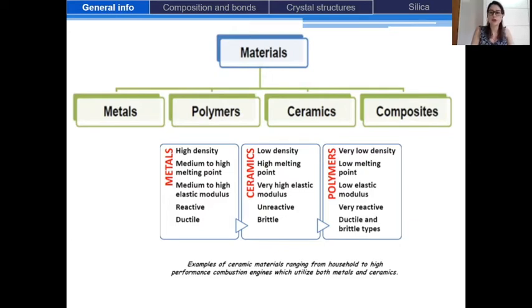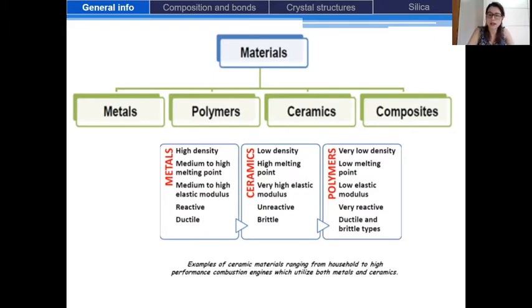So first of all, we introduced metals and then polymers, and now we are going to present ceramics. Let's remember, metals have high density, a medium to high melting point, a medium to high elastic modulus, and they are reactive and ductile. The polymers have a very low density, a low melting point, and low elastic modulus.